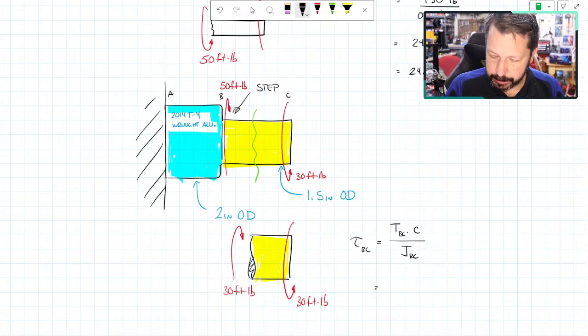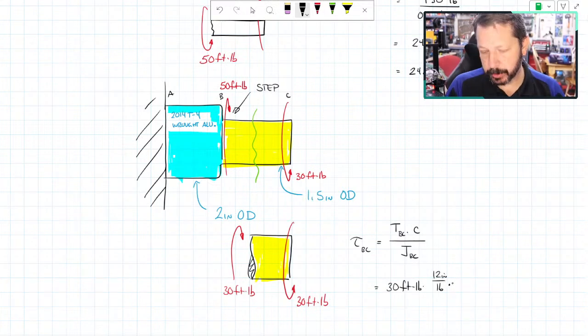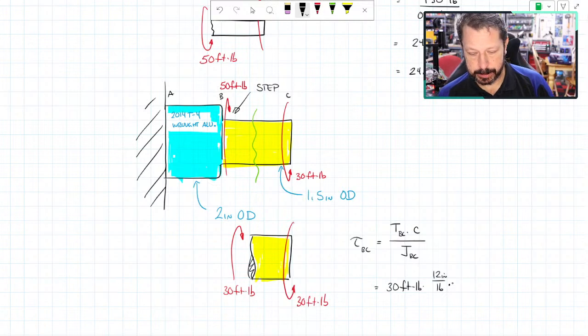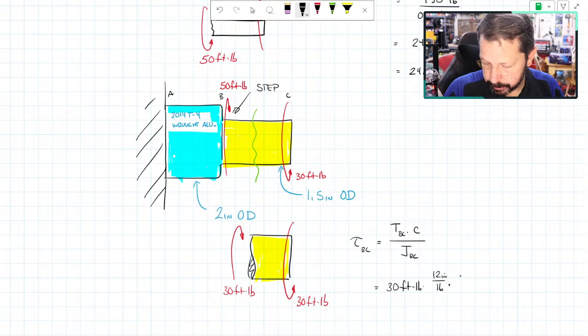And let's put our numbers in. The internal torque in section BC is 30 foot-pounds. We're going to convert it over to inch-pounds. We're going to multiply by the outer radius, which is half of 1.5 inches. And then we're going to divide by J, again, this is solid.